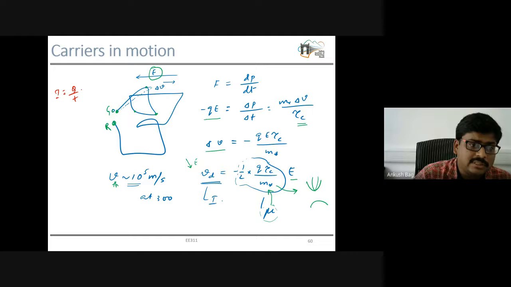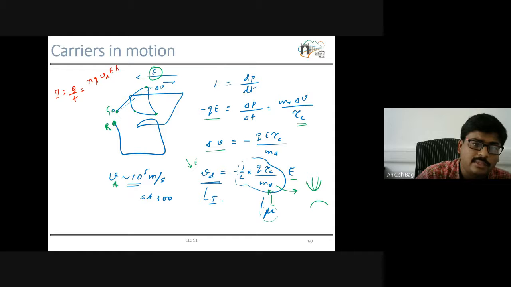Now this Q you can write in terms of the number of carriers. This is because of the current definition, and from the definition of drift velocity we can write this as Vd into E. And again this is for current density.